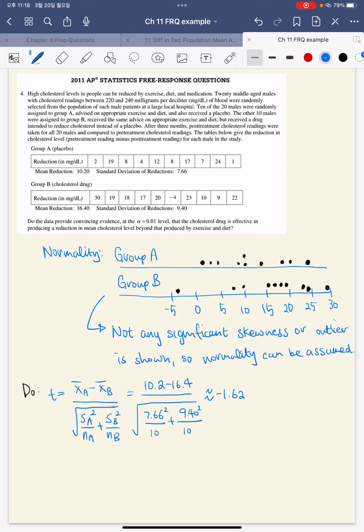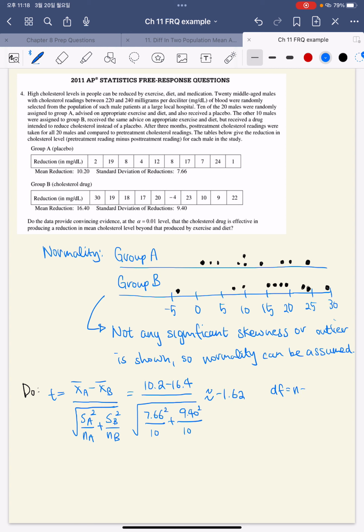Yeah, so the equation for the test statistic, you just sort of have to memorize. I think you do get a formula sheet in the test, so you just have to find it and apply it.